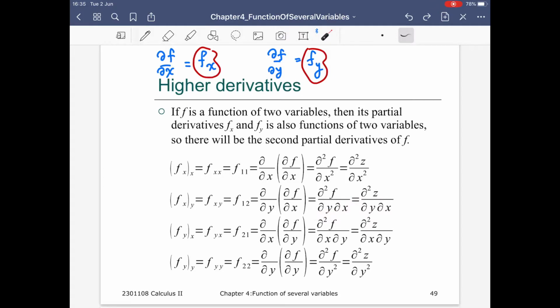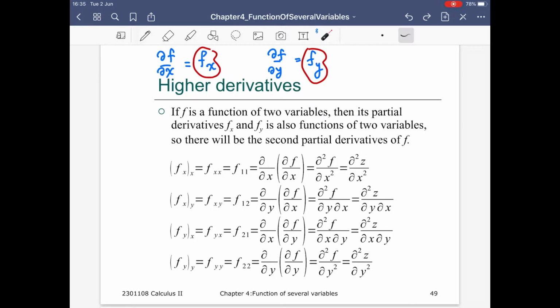Not like this. If you use the subscript notation, the first one will be the one close to f, and then the order of derivative will go from left to right.